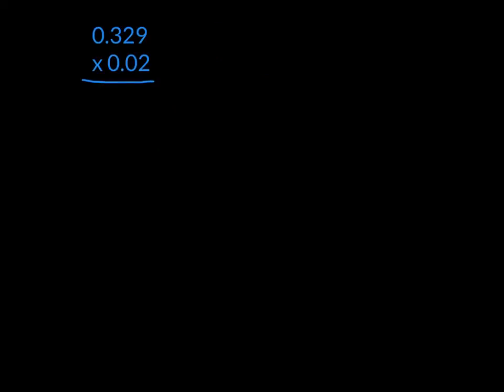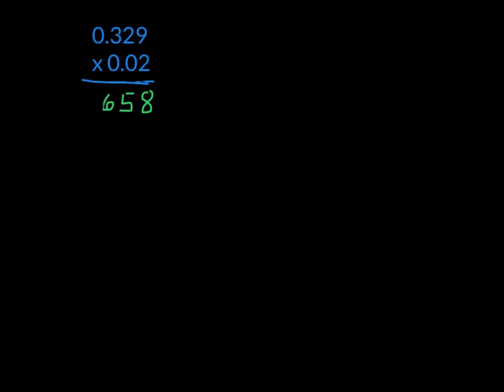Let's take a look at another example. 0.329 times 0.02. So all I need to do is multiply by this 2, and remember, we just multiply like we would as though the decimals weren't there. So when I multiply by the 2, this is what we get: 658.